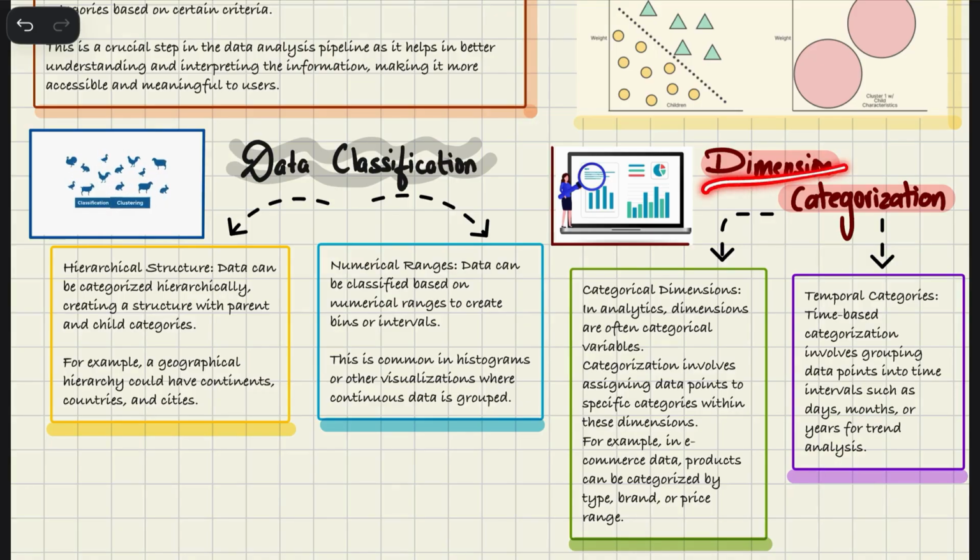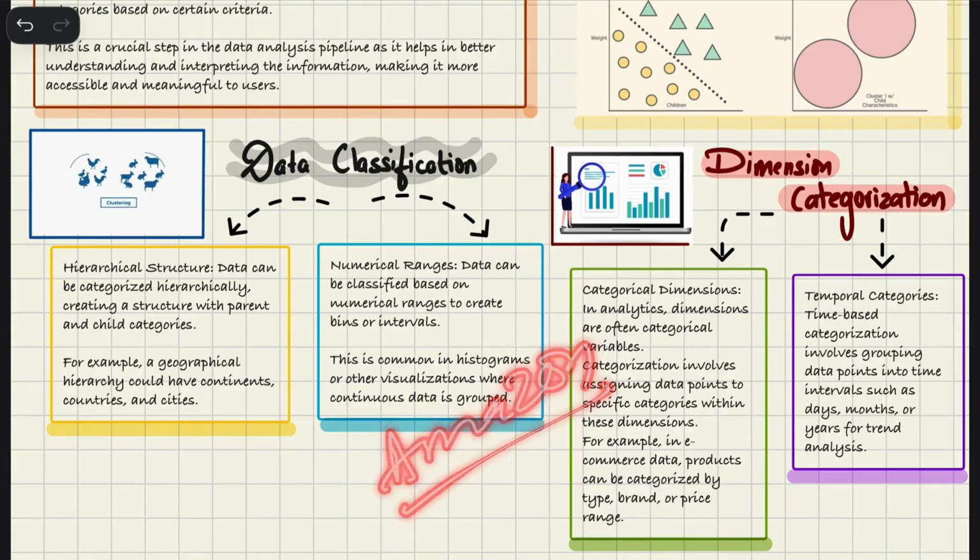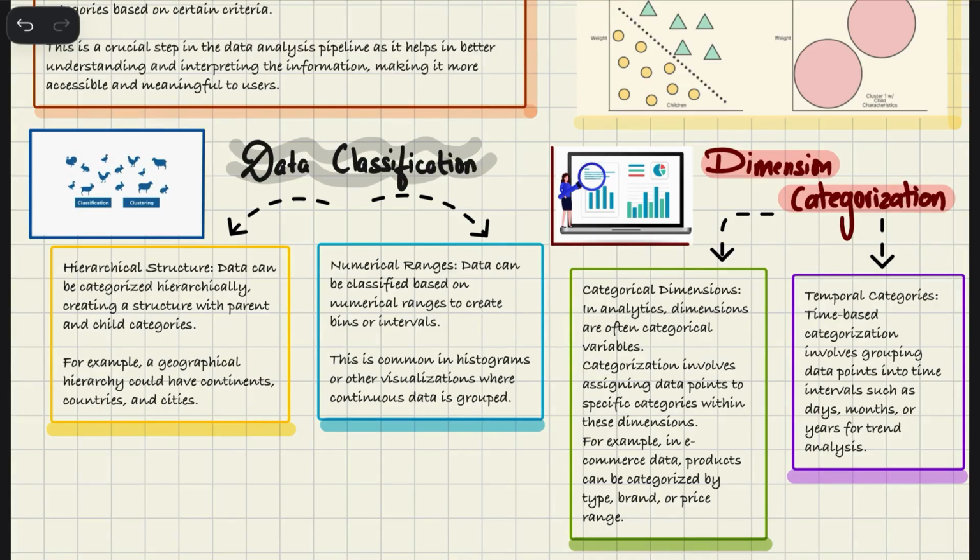Then we also have dimension categorization. In this we are performing categorical dimensions. So we are sorting the operational inventory items, products or records by specific or hard attributes. For example, think of an e-commerce platform like Amazon. It handles the inventory, and it automatically catalogs every product by its type, right?